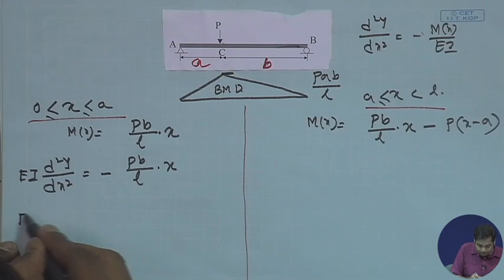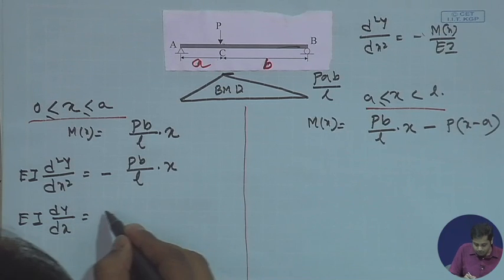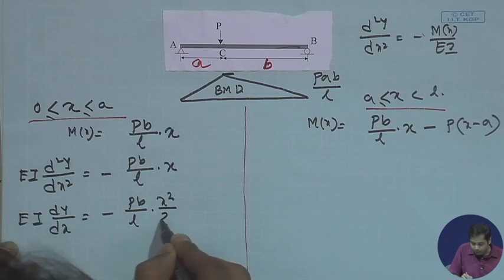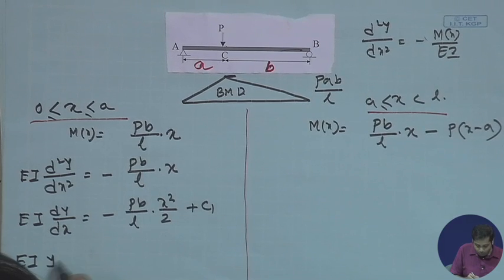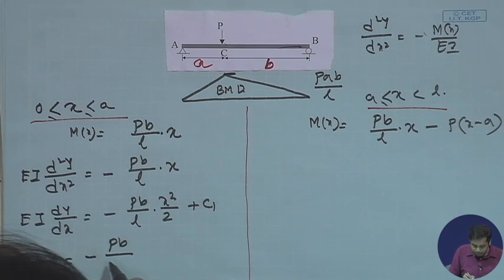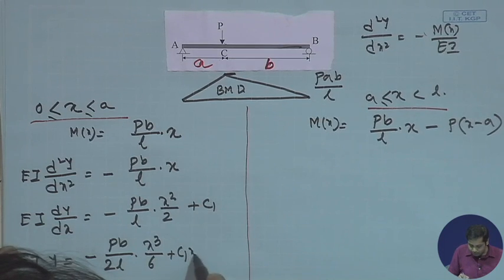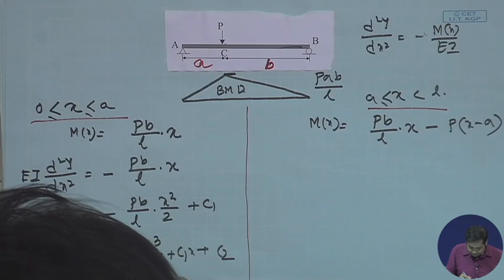Integrate it first time, EI dy/dx is equal to minus Pb by L into x square by 2 plus C1, and then second time EI y is equal to minus Pb by L into x cube by 6 plus C1x plus C2. This is 6, sorry.